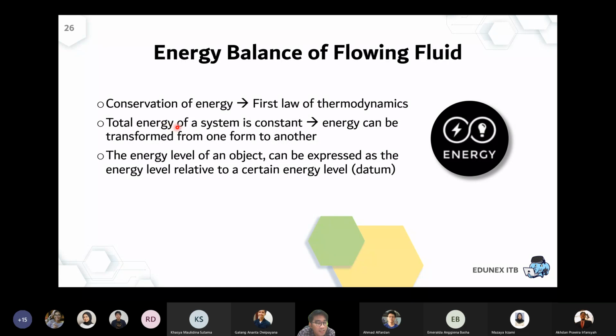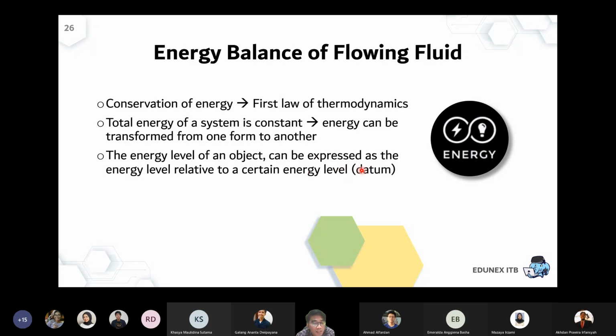It says the total energy of the system will be constant, but energy can change form. It can be transformed from one form to another, and then the energy level of an object, including flowing fluid, can be expressed as the energy level relative to a certain energy level.